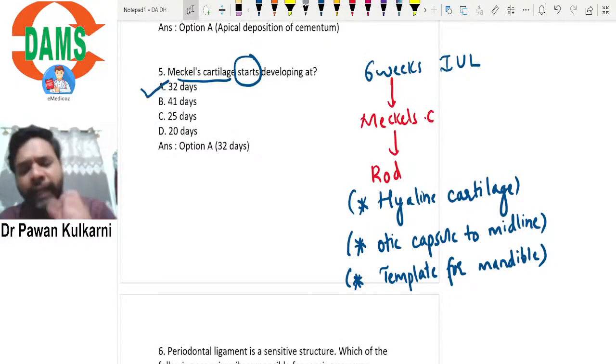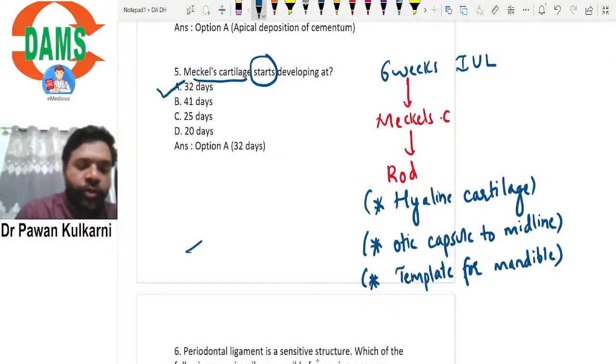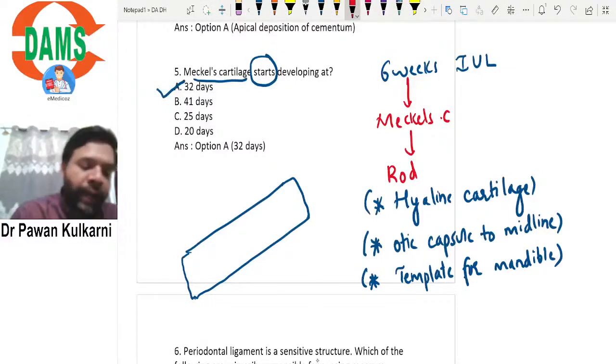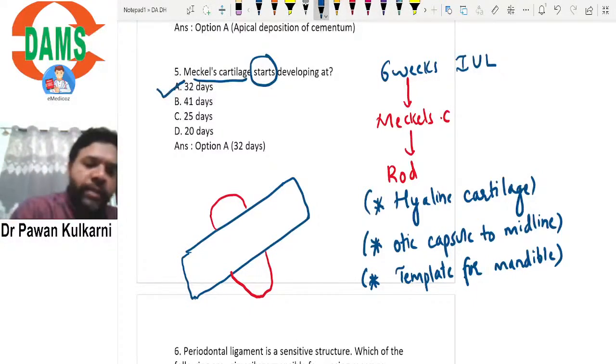Okay, let me elaborate this a little more so that you will better understand. Suppose this is the Meckel's cartilage. There will be a membrane, I can't show that in 3 dimensions, I have made it red here. There will be a membrane around the Meckel's cartilage. In this membrane, ossification takes place.